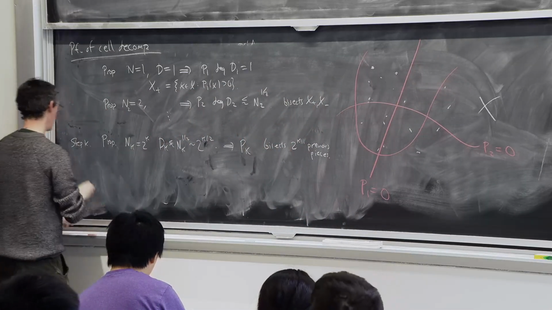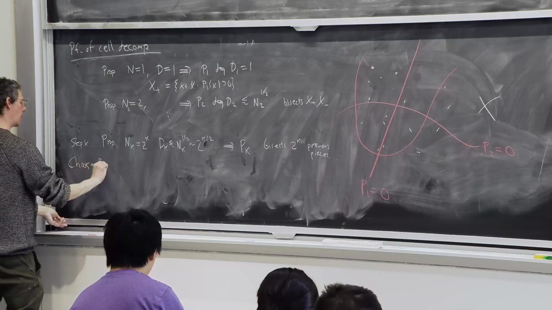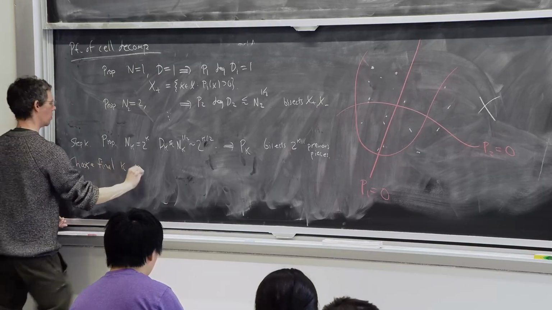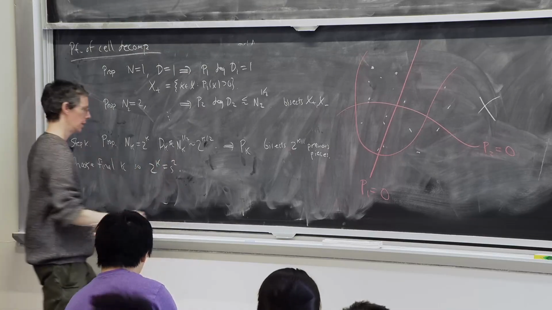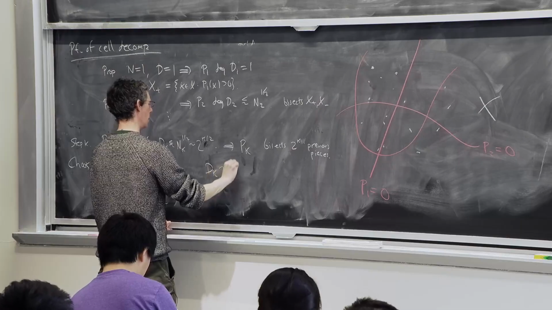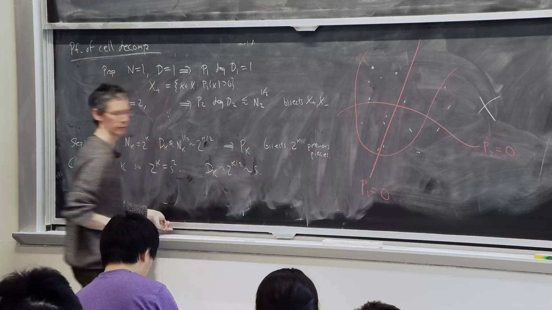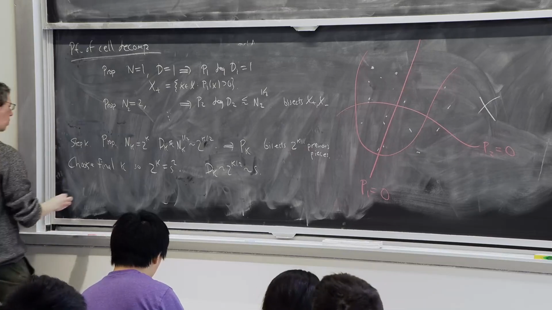OK. So now when do I stop? I choose the final k. So 2 to the k is s squared. And that means the final dk, around 2 to the k over 2, is around s. OK.